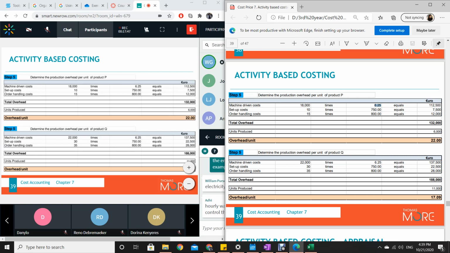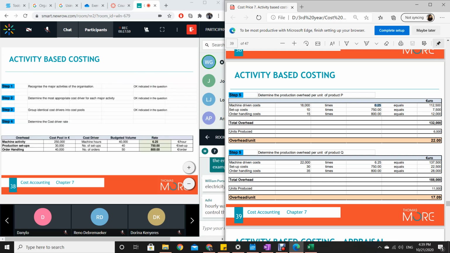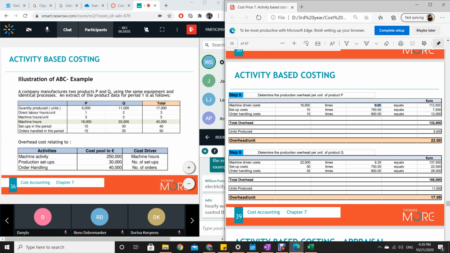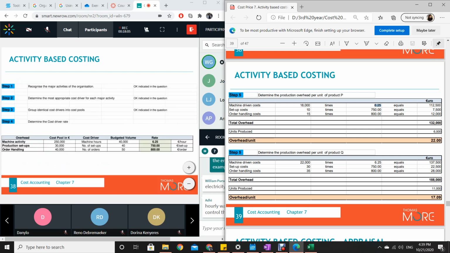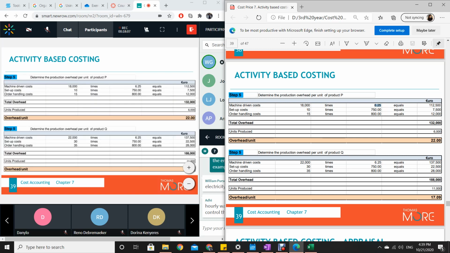We add all these overhead costs of 112,500, 7,500 and 12,000, which is 132,000 in total. We have produced of product P 6,000 pieces. So in total, the overhead per unit is 22 euros.